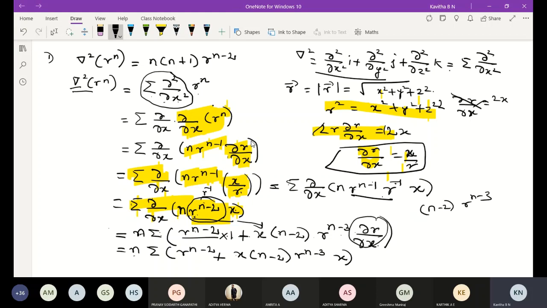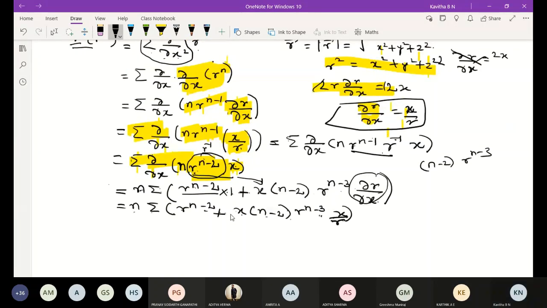And then n into summation of r to the power of n minus 2 plus x into n minus 2 r to the power of n minus 3, and del r by del x is x by r. Understood? Any doubt in this one? Yes, ma'am.